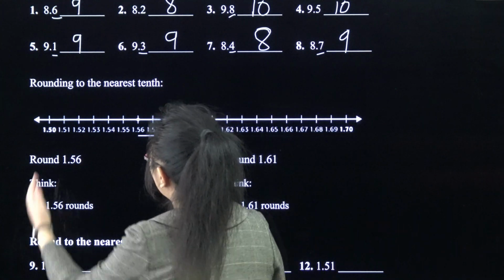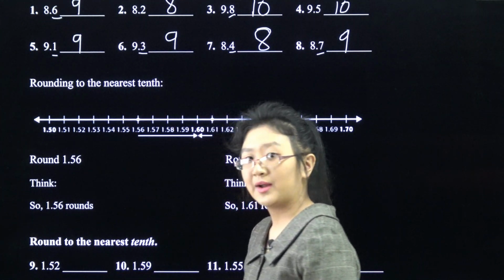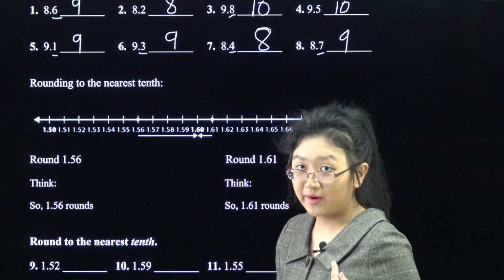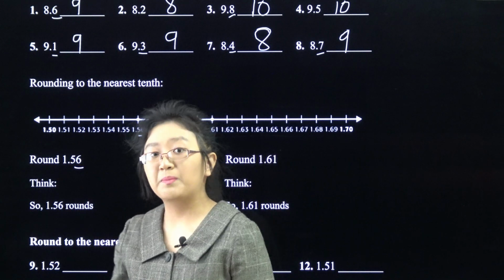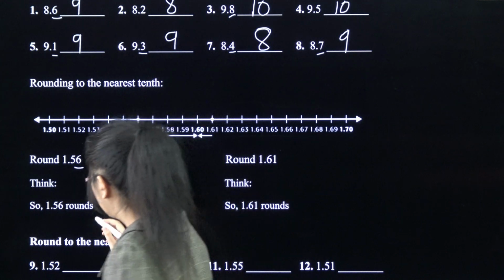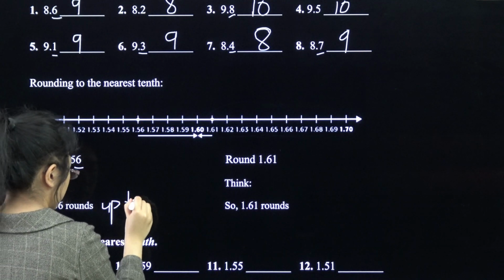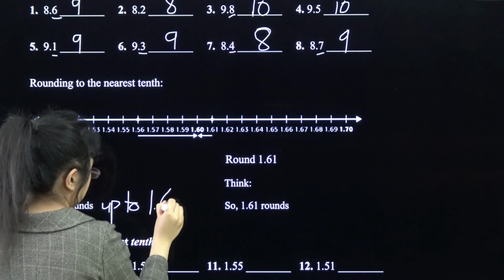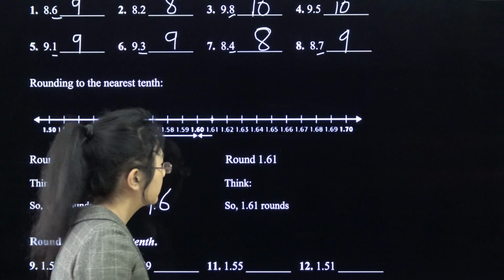You can tell that 1.56 is closer to 1.6 on a number line. So you round up. But you can also look at the 100th place. 6 is bigger than 5, so we have to round up. Therefore, 1.56 rounds up to 1.6. 1.60 and 1.6 are the same thing.